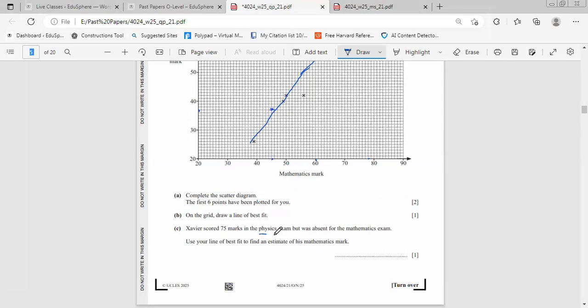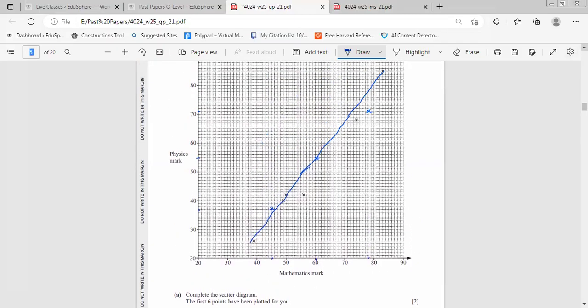So we have to check for physics marks 75. We are going on for physics 75 and we will estimate with the line of best fit. So for 75, we have to check what is the value. So it's almost 76 for mathematics.